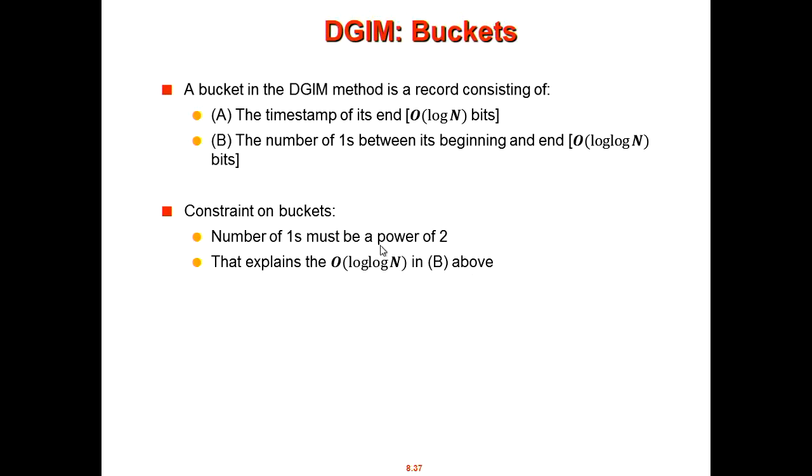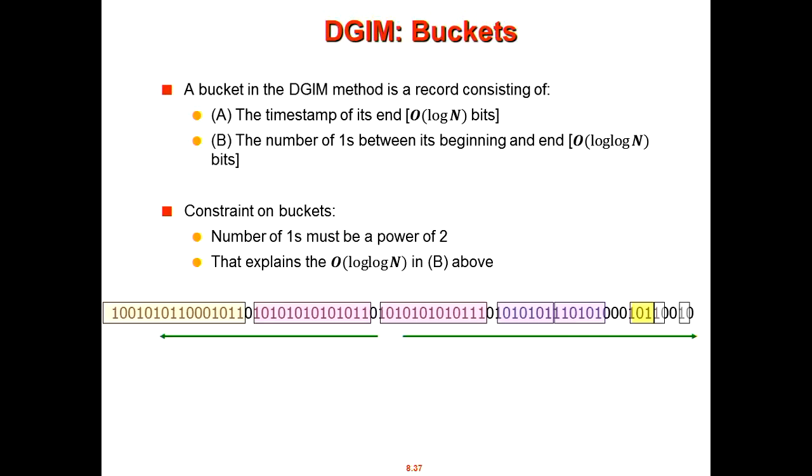So this is the hint. The number of ones must be a power of 2, and this guarantees that you only need log n bits to store the number of ones. If you cannot figure out why, you can try to discuss with me.